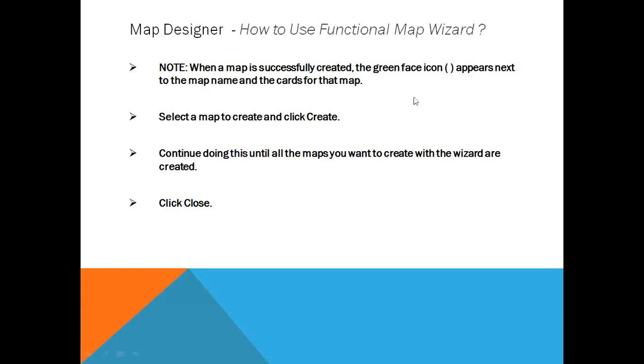When a map is successfully created, the green face icon appears next to the map name and card. When you select the function map wizard, if everything is okay, it will show in green color. If it is green, you can directly click create and generate so that it will create the functional map.